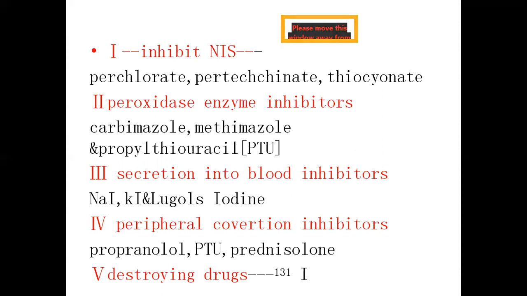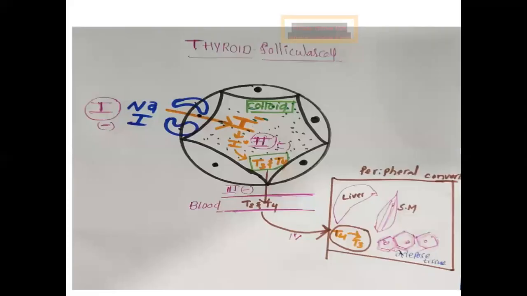These are secretion inhibitors. Number four, peripheral conversion inhibitors. Last, the thyroid destroying drugs, that includes iodine 131.